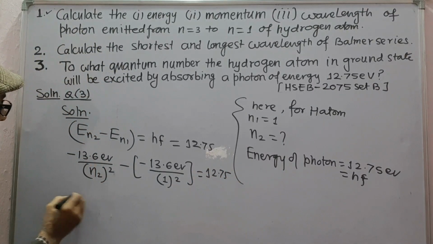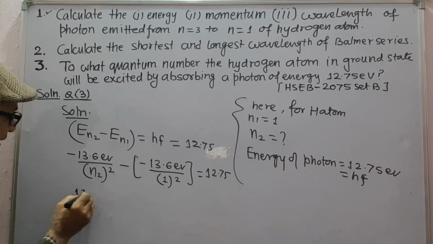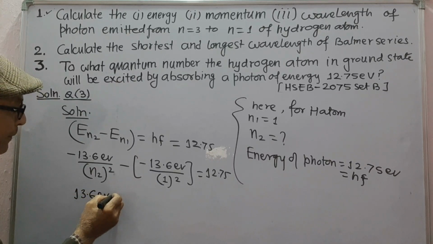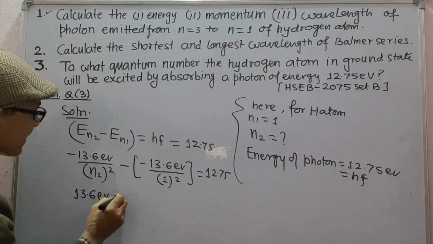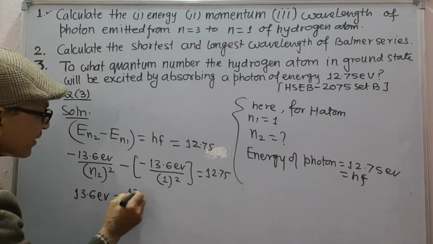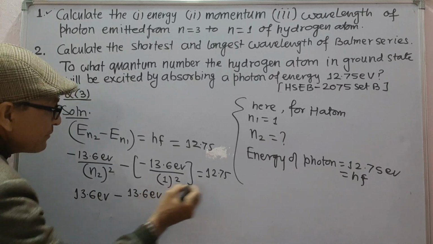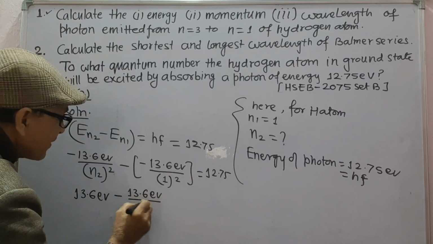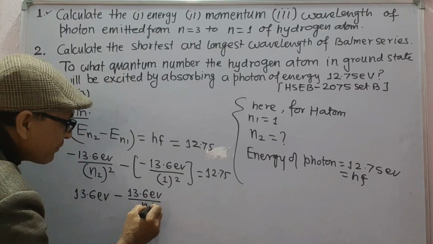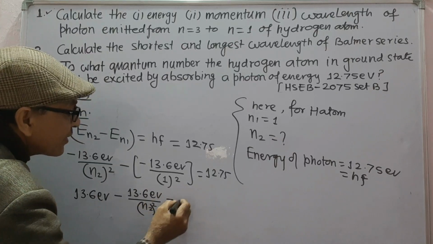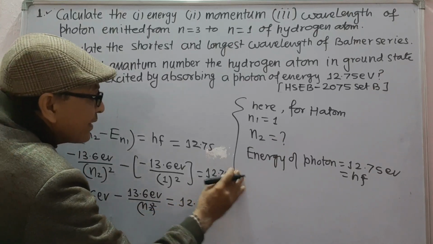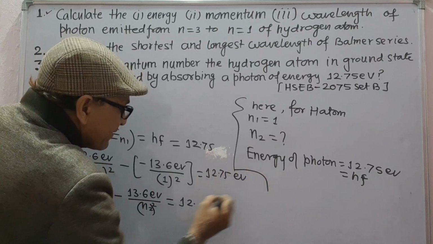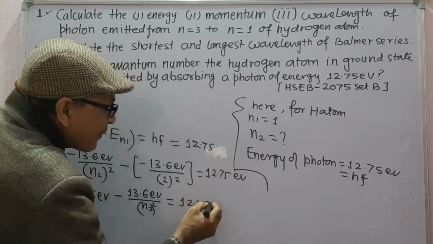So this becomes positive: 13.6 eV minus 13.6 eV upon n2 square is equal to 12.75 eV.